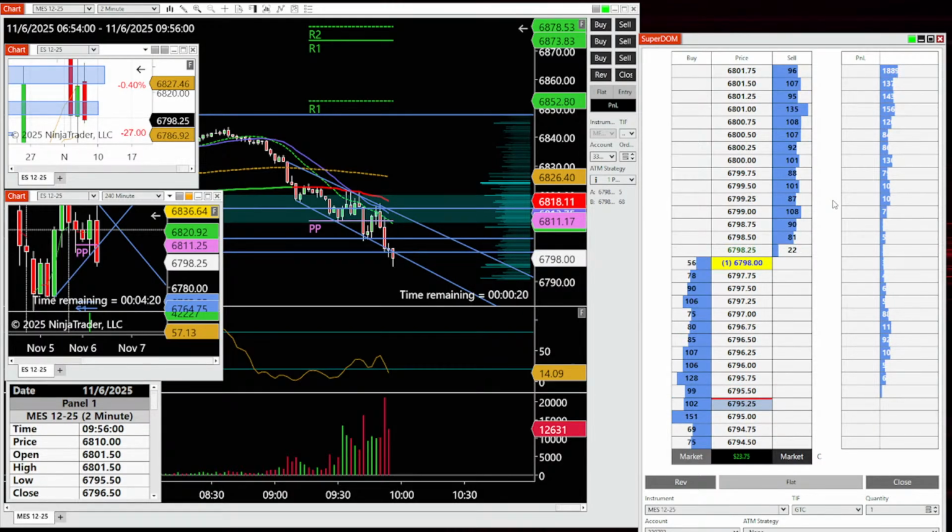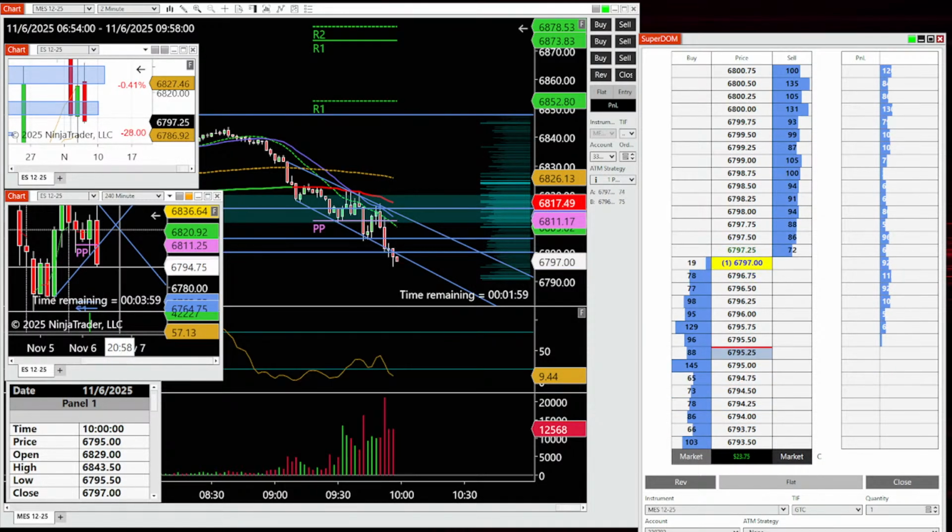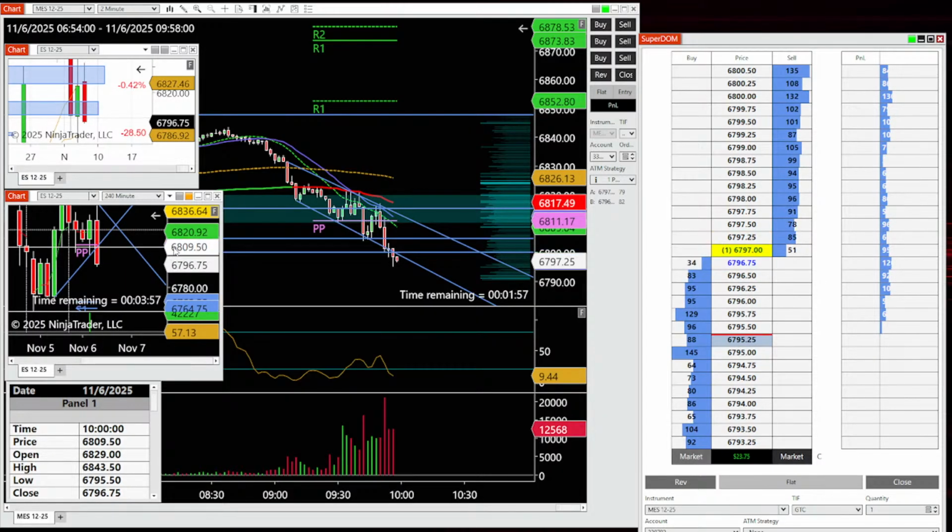We're at 98. May get some pullback. And when the next 4-hour bar opens up, it may give that run lower.